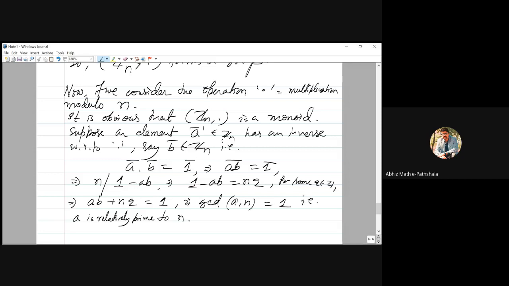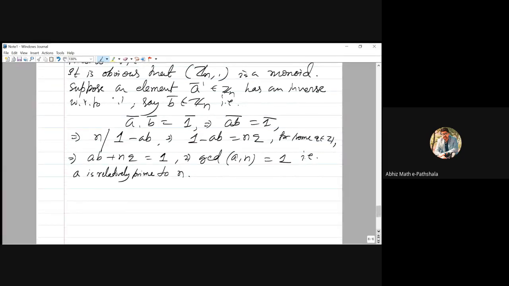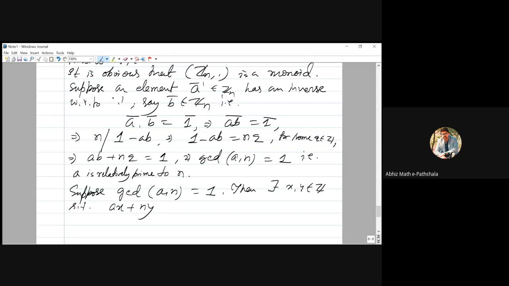Now we would like to check the converse. Suppose GCD of a comma n is 1, then there exist x, y belonging to Z such that ax plus ny is 1, just using the property of two relatively prime integers, right?